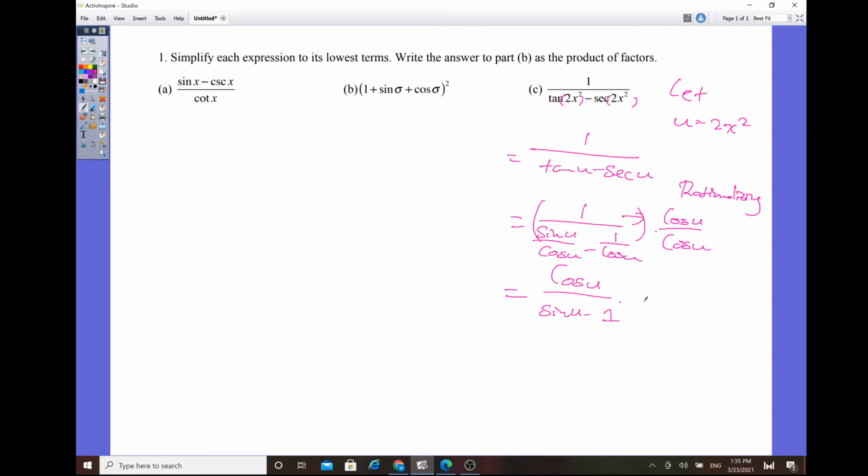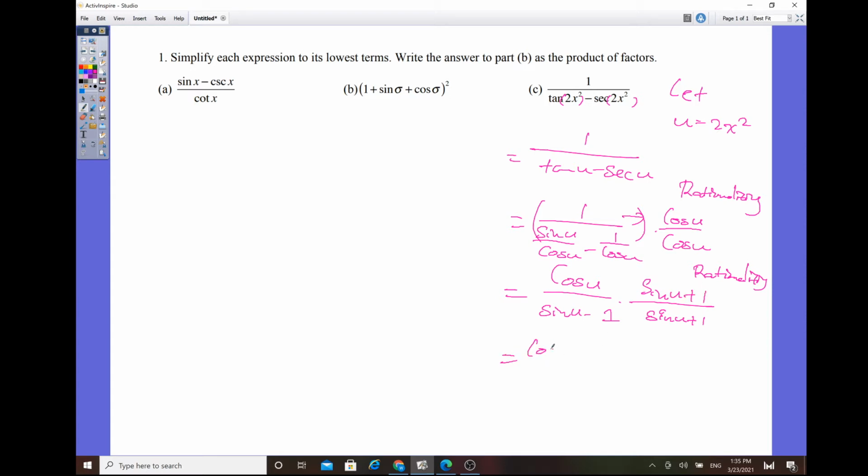So we want to keep rationalizing it. Multiply by the conjugate of the denominator, because that's a binomial. Another rationalizing technique: the conjugate of the denominator, sine of u, plus 1. So sine of u plus 1.